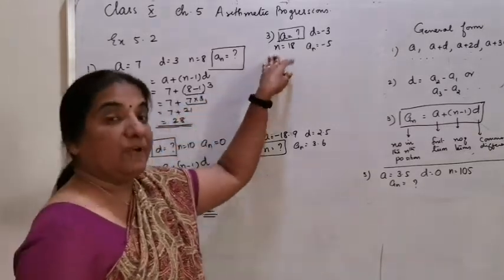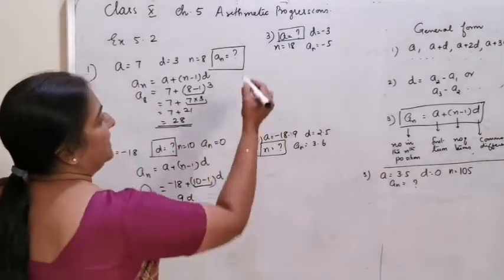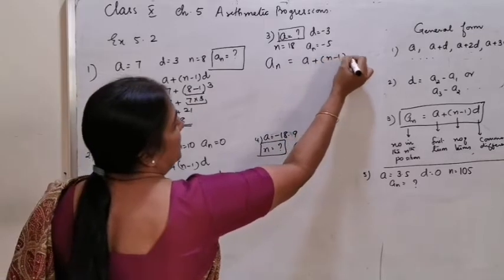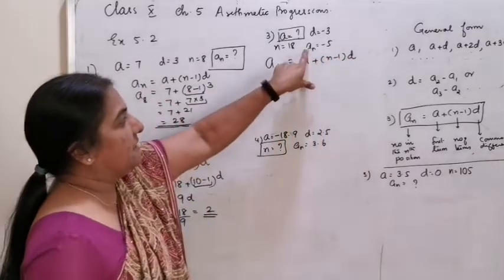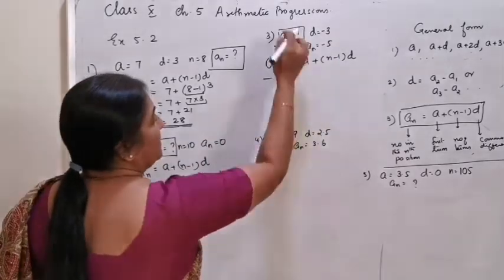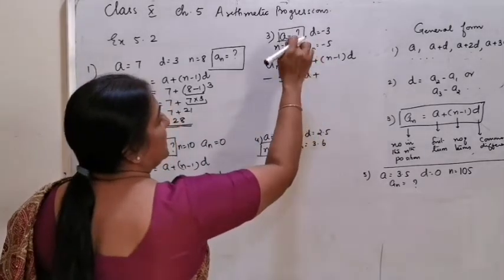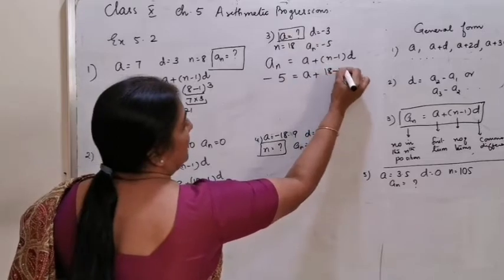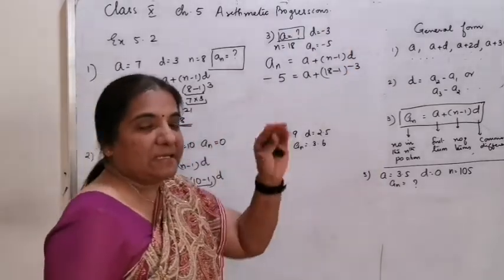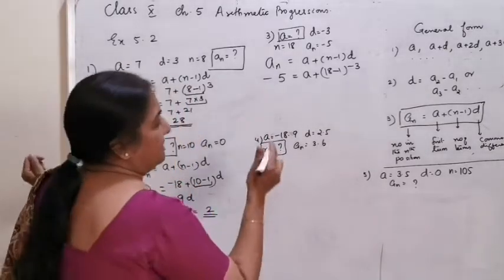The next one is to find the value of a. The formula is an is equal to a plus n minus 1 into d. It is given that the an value is minus 5. Minus 5 is equal to a, which has to be found out. n is 18, minus 1, into d, whose value is negative 3. That means it was a decreasing AP.